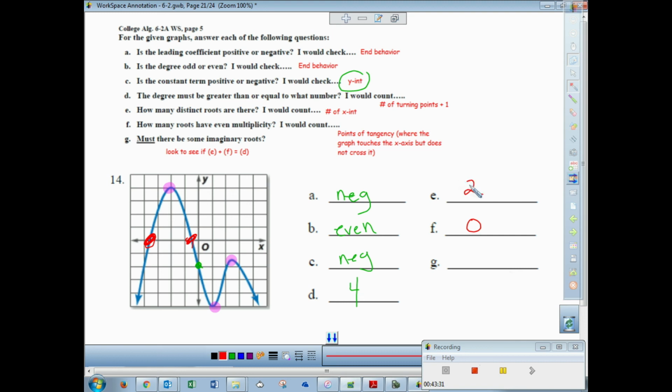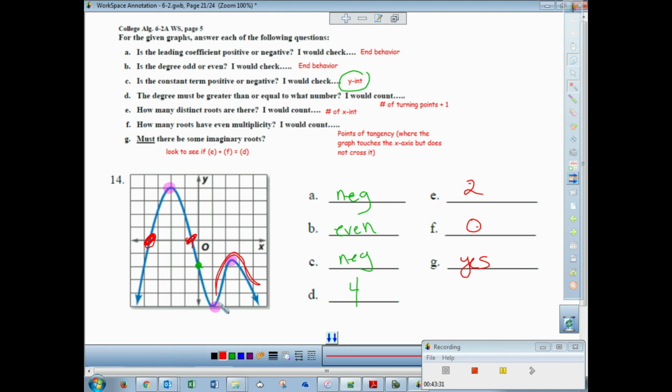You take E, says we've got 2 real distinct roots, and we've got no multiplicity. If you add them together, does that equal your degree, yes or no? So must there be imaginary roots, yes or no? There has to be, because this plus this does not equal 4. You're supposed to have 4 roots possible on this thing, and I only see 2.